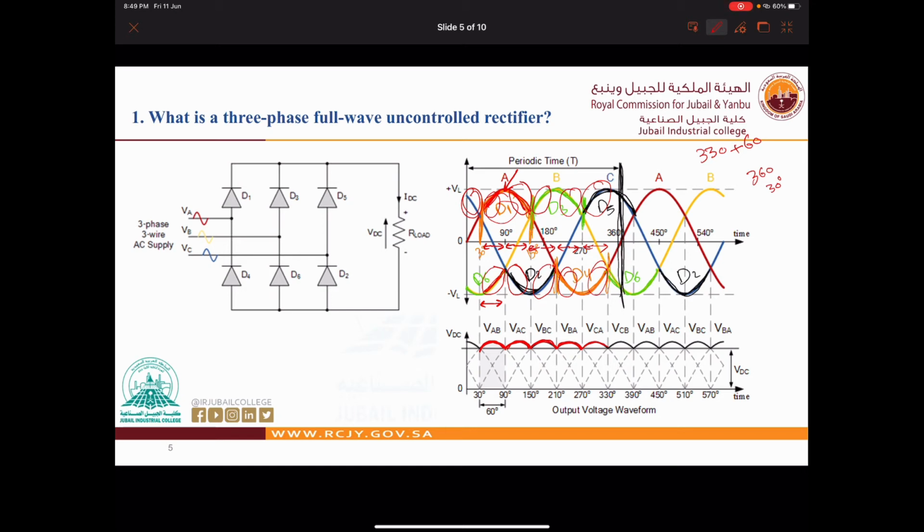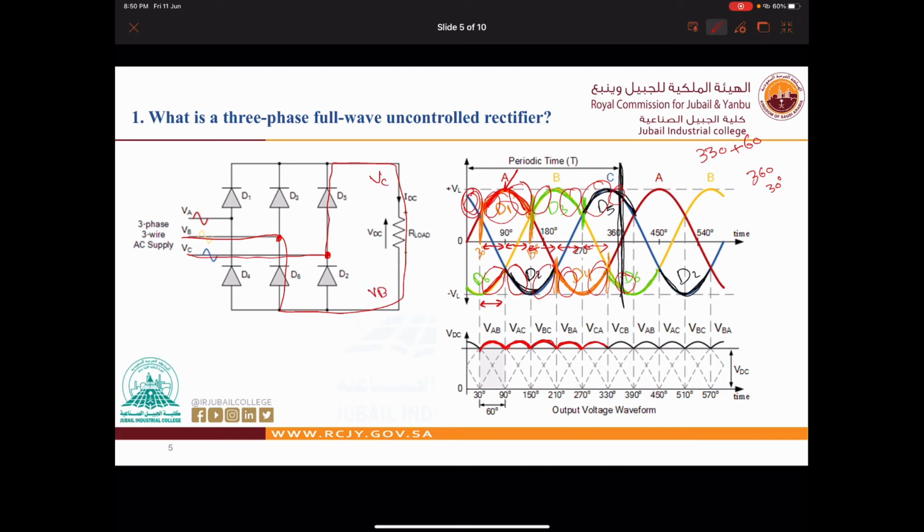Okay. Now, in this period, we have D5, and we have D6 also. So it will go from VC up to the load, and it will go through D6 to VB, right? So we have VC, here we have VB.